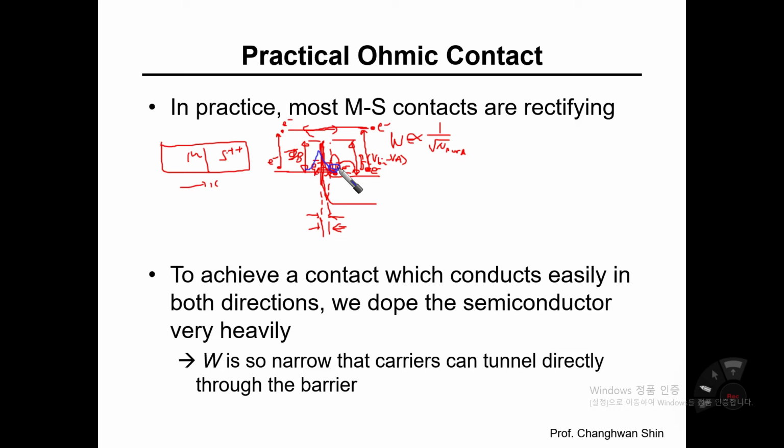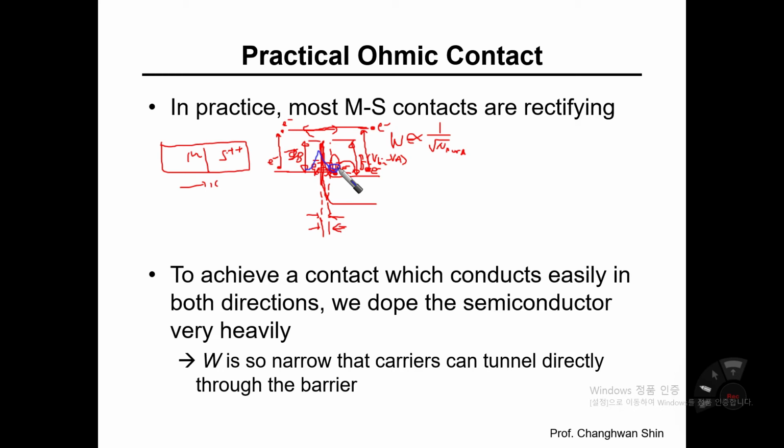Whether or not the tail part of the wave of an electron in the metal or semiconductor exists on the opposite side is very dependent on the depletion layer width. As long as the depletion layer width is below 10 nanometers, the wave-like feature of electrons can physically explain how the electrons can move back and forth between metal and semiconductor.